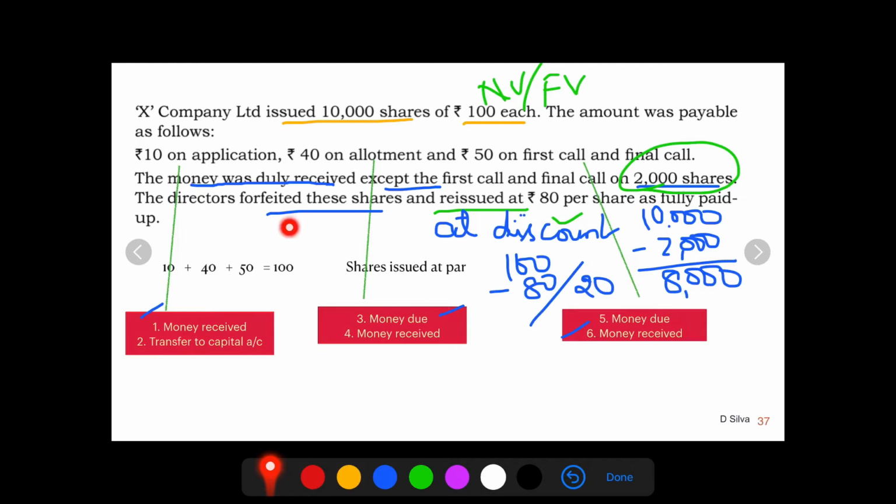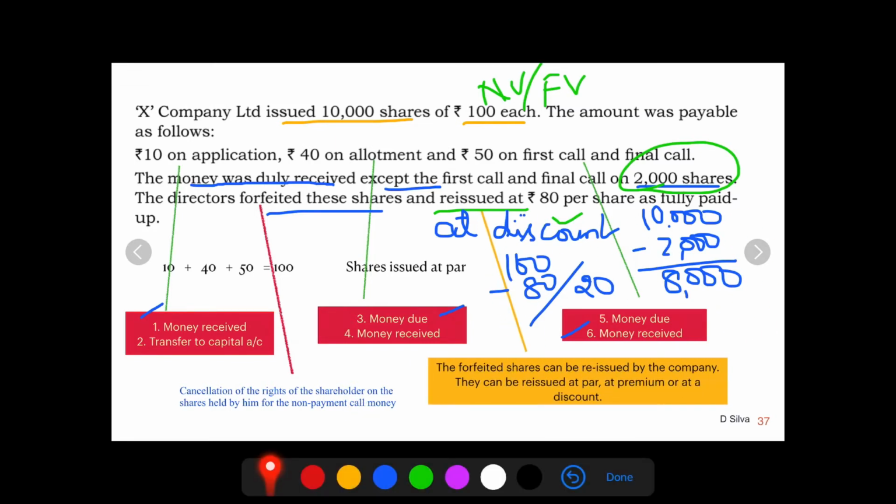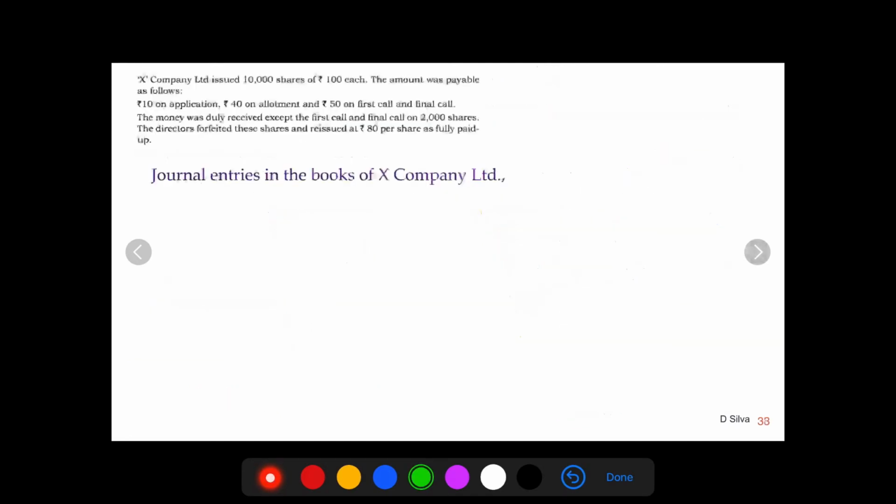For us, the reissue of the forfeited share is happening at a discount. The later part of the question says that these shares are fully paid up. This brings us to the understanding of what the directors are doing. They are cancelling the rights of the shareholders and they are reissuing the shares. And over here in this question, we understand that the reissue is happening at a discount. Let's work out the solution.